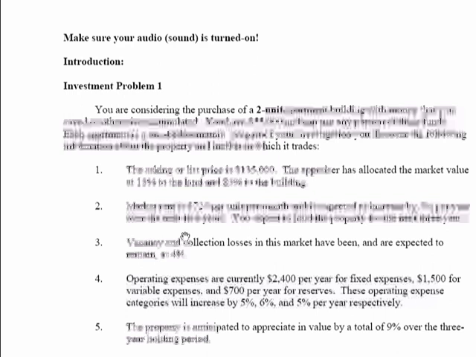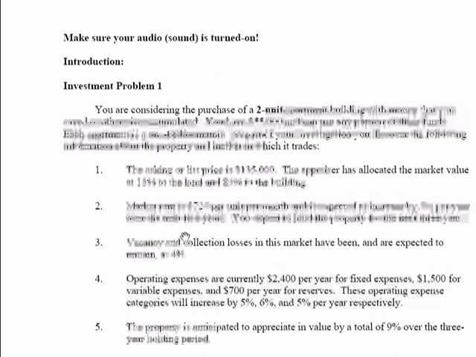And a good point here is that this is just a model. This investment problem, discounted cash flow analysis, it's a model. And if you put garbage into a model, what do you get out of a model? Yeah, you get garbage out. But if your assumptions are good, the model is a very useful and very powerful way to analyze a real estate investment.